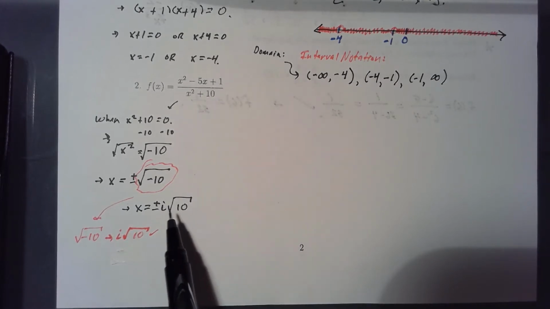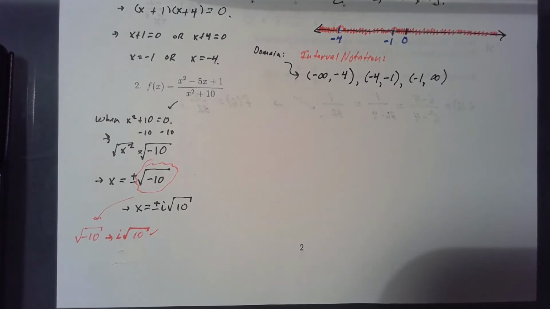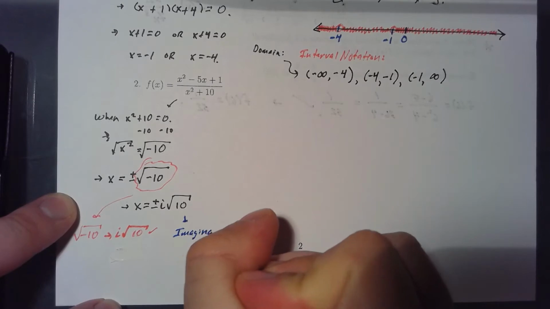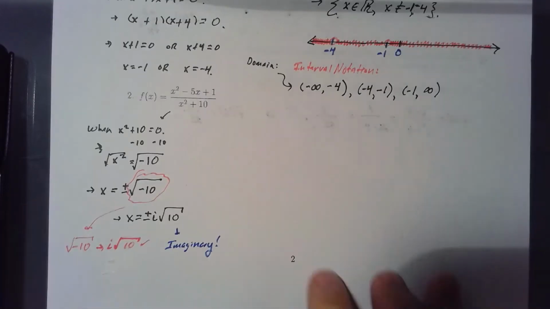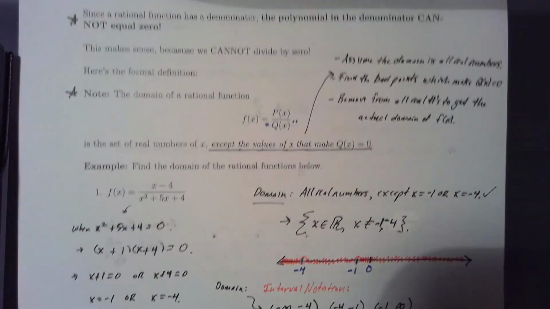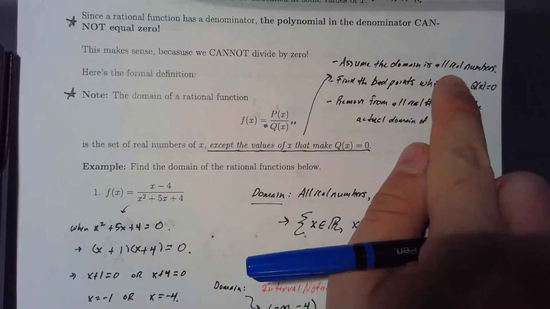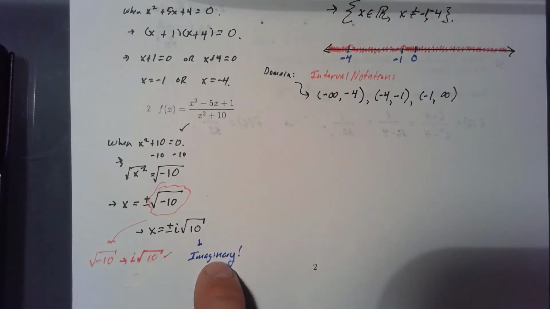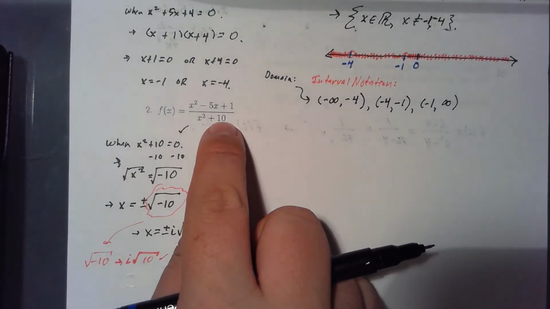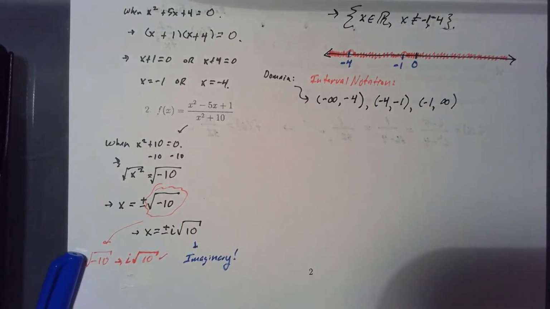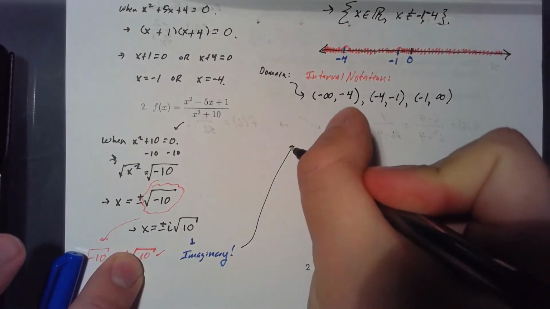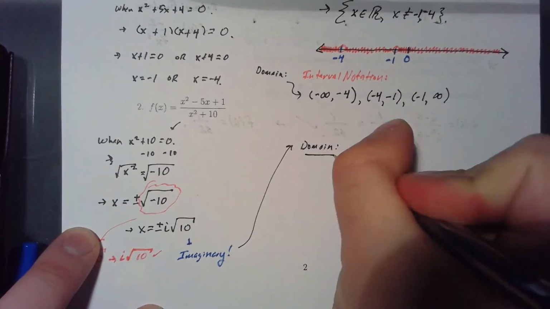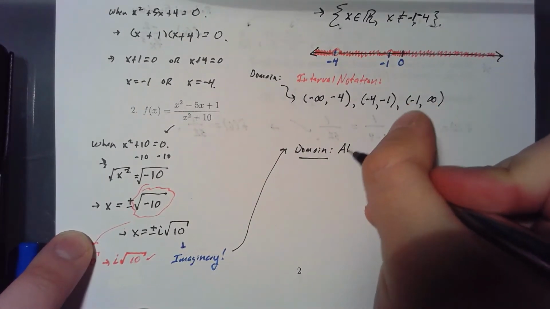But what kind of values are these? They're imaginary. So let me say this. If we start from the beginning and we assume the domain is all real numbers, but we get imaginary numbers when we make the denominator 0, then what is our domain? Our domain is what? It's all real numbers.